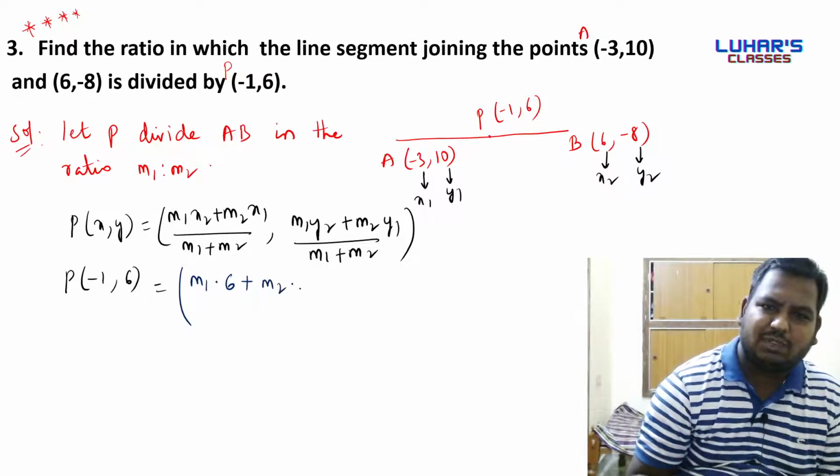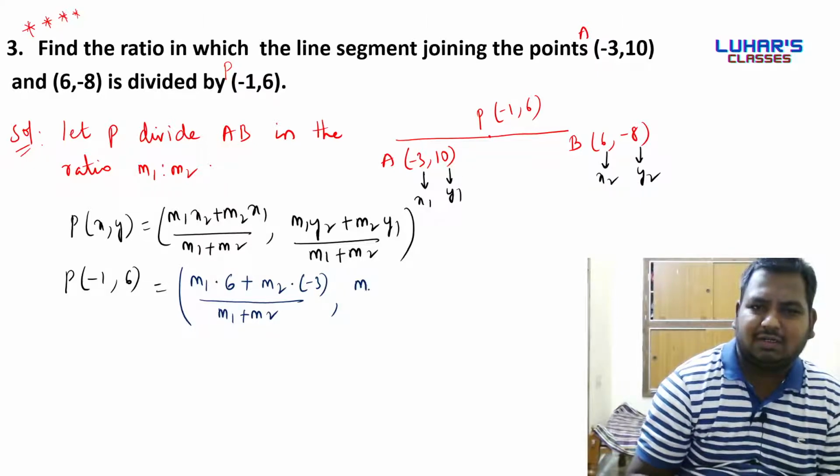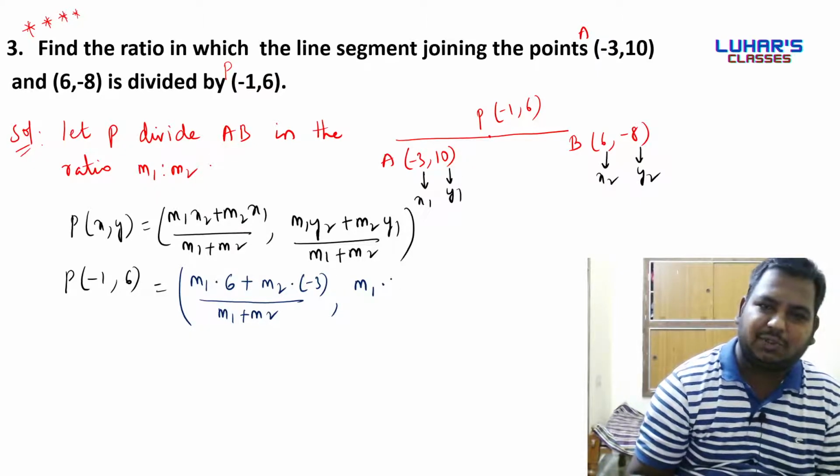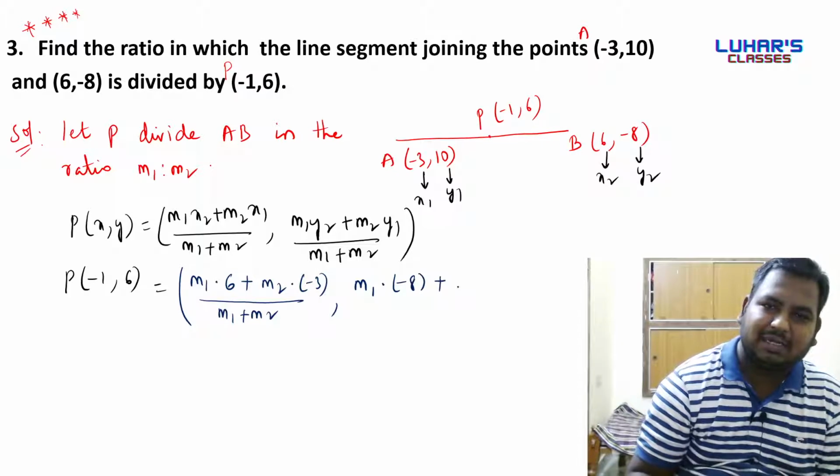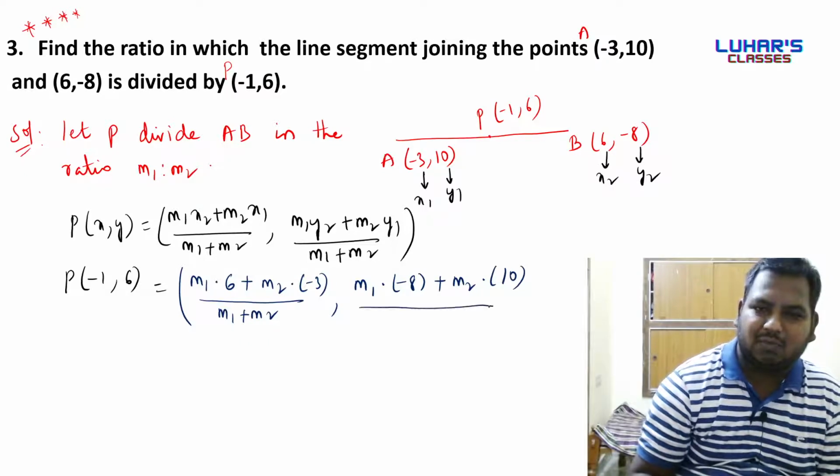What about x1? x1 is -3, by m1 plus m2, comma, m1 times y2. y2 is -8, plus m2 times y1. y1 is 10, by m1 plus m2.